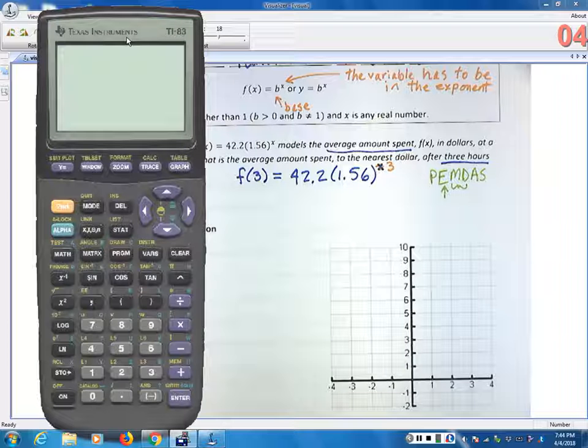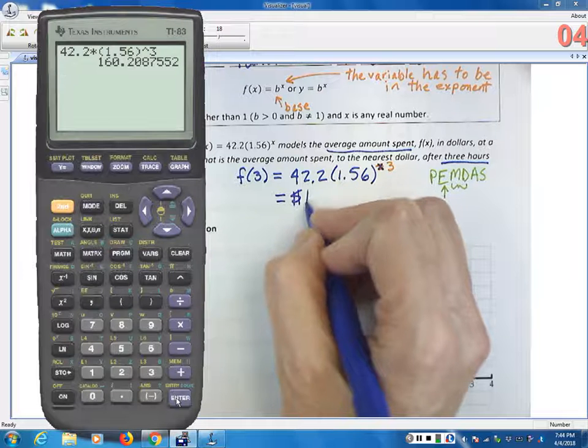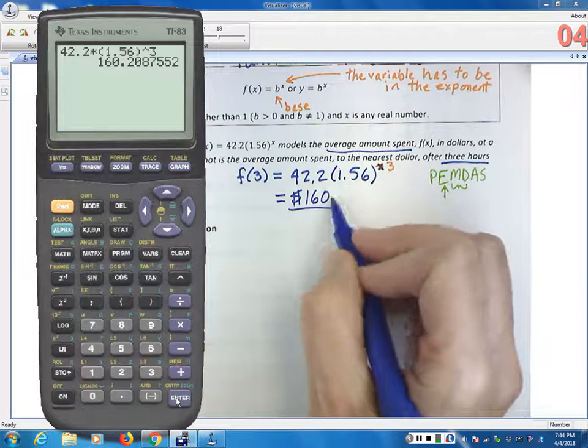But anyway, do the exponent first. So I showed this to the class this morning. If you type in 42.2 times parentheses 1.56 and only raise the 1.56 to the third power, and they want the nearest dollar, so we get about $160. This is in dollars. That's our answer.